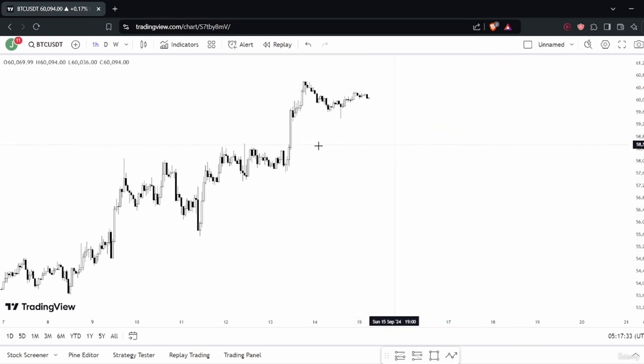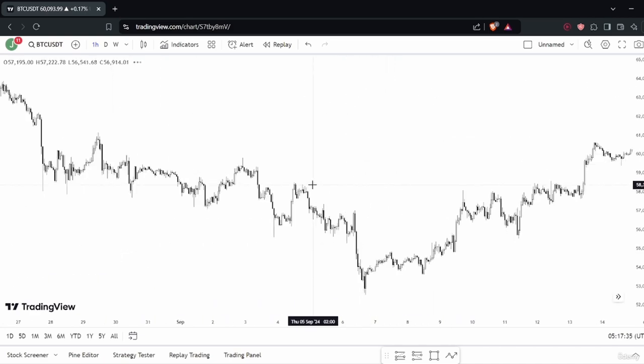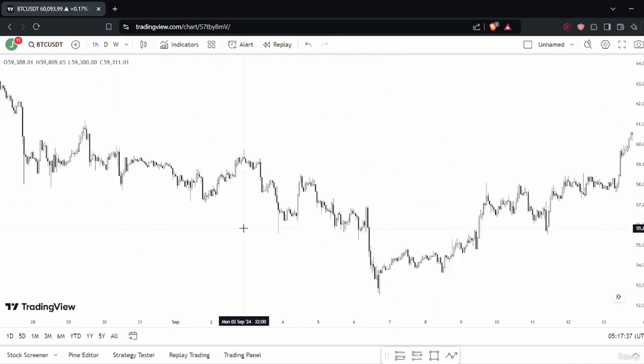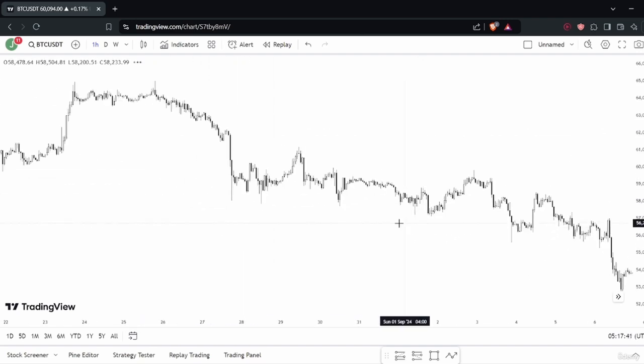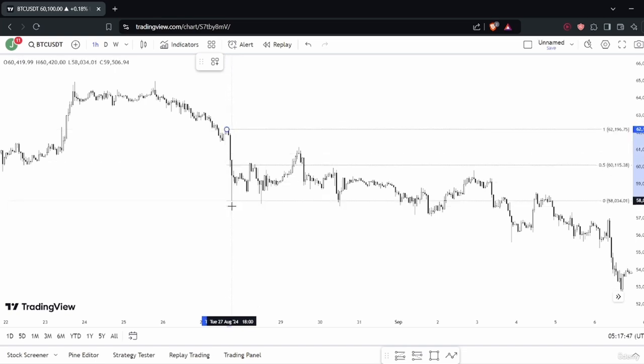Okay, that's our structure. So let's go over a few examples and then we'll go to the next thing. Basically, we can see over here. Let's see. Impulse, boom. So this is our structure. We go to the 0.50% of the retracement, which is very important. That's where we're going to be entering later on in the strategy. 0.50%.